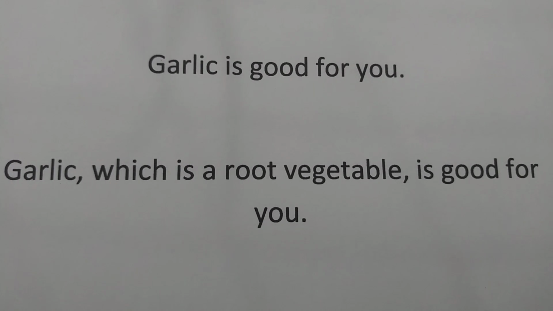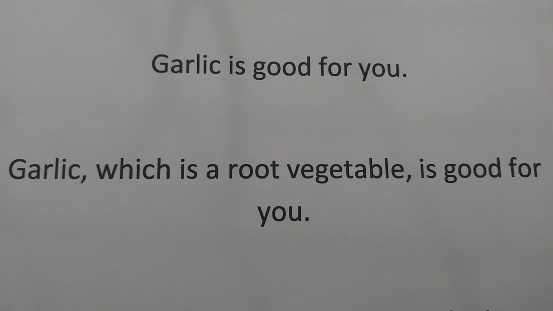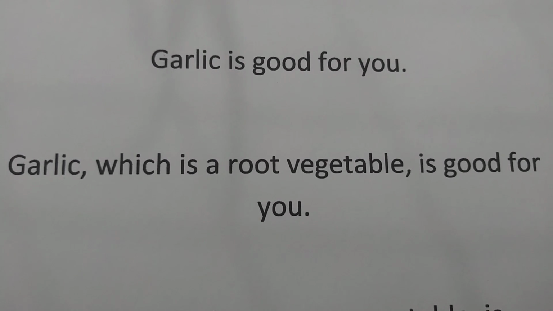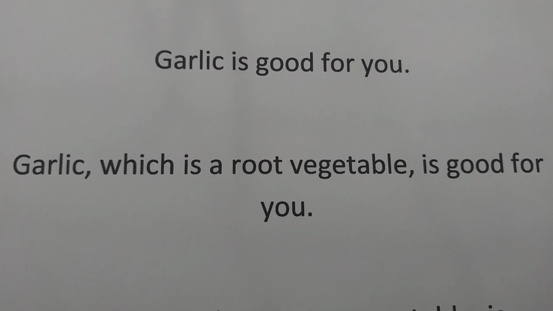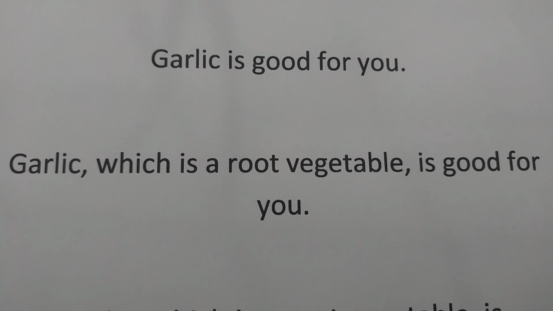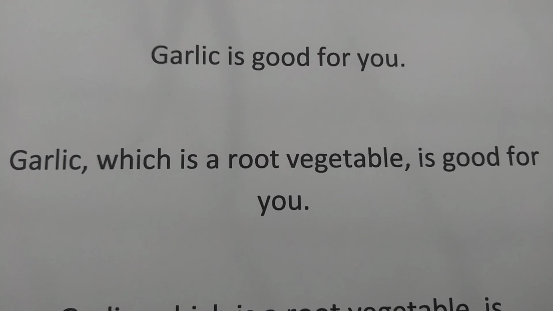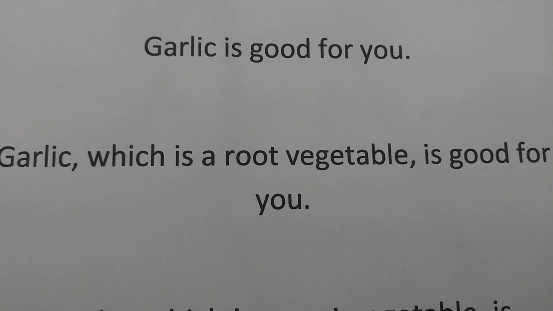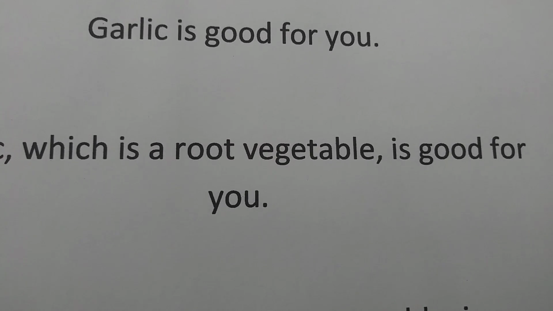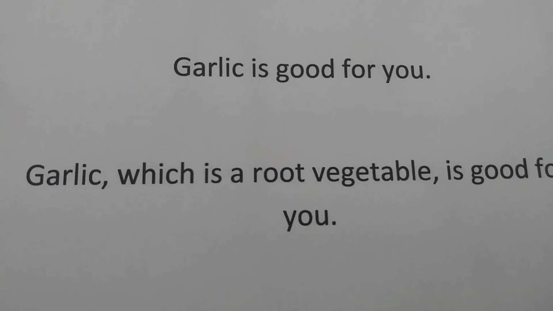We dehydrate it, we grind it up, and then you have garlic powder. But it's actually a root vegetable. Root vegetables are like carrots and potatoes. They grow under the ground. Potatoes are actually tubers. But garlic is a root vegetable. So there's my who which clause, and notice I have a comma before my who which clause and a comma after my who which clause.